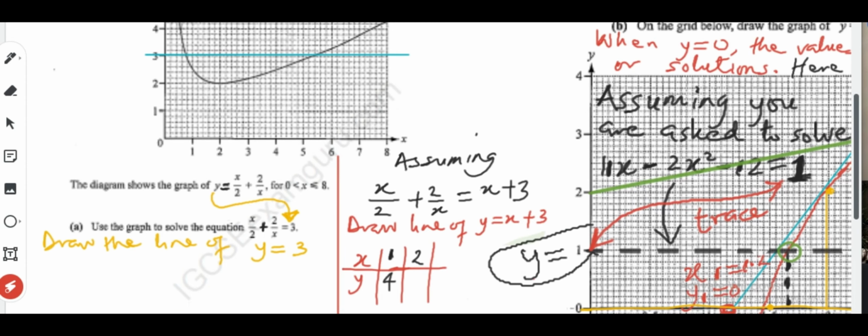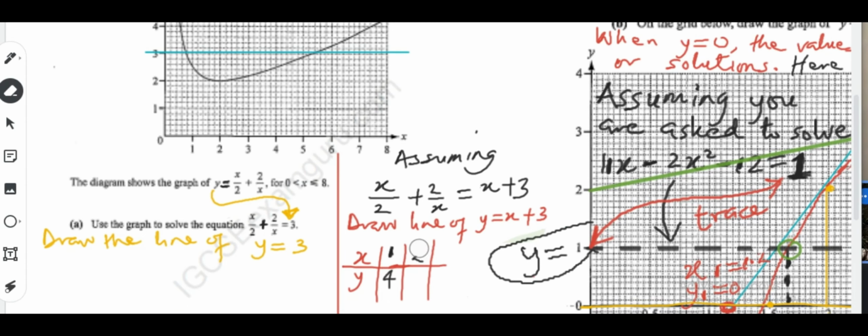Let's use 1 and 3. When x is 3, what is y, please? 6. So that's what we're going to plot in here, right?